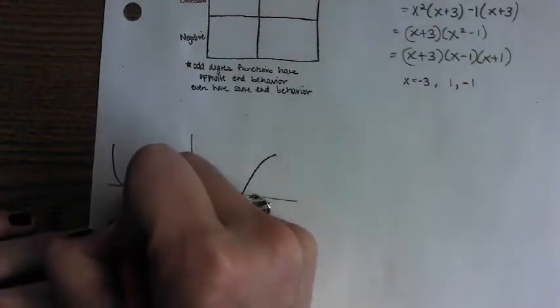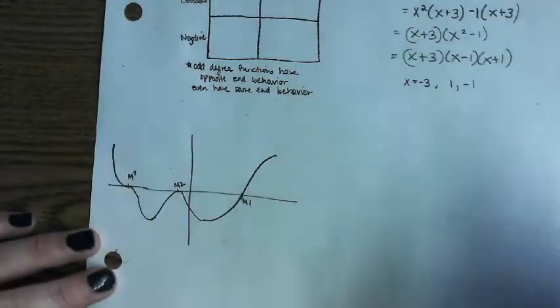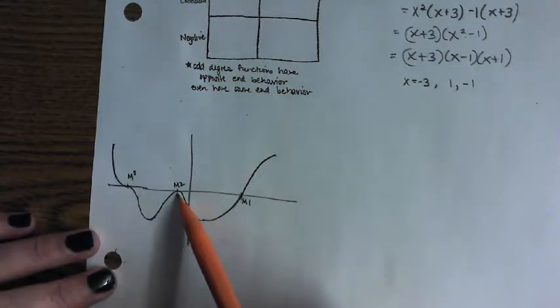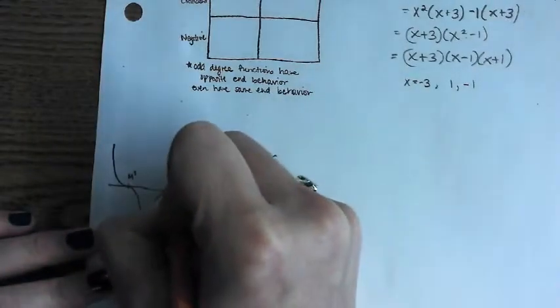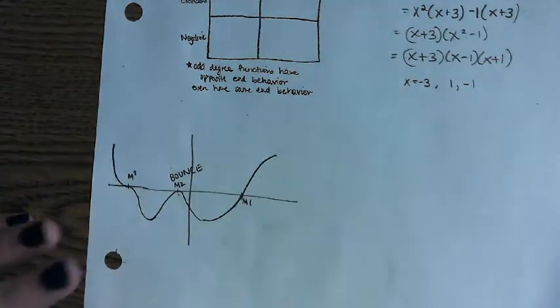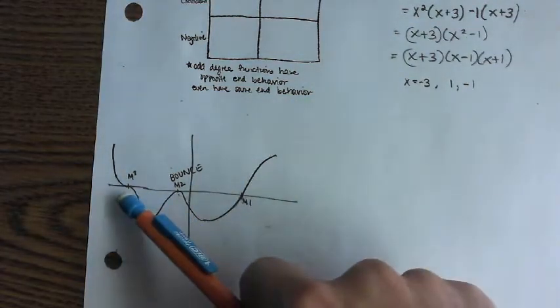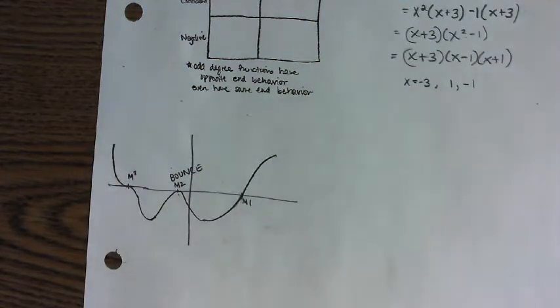So, loosely speaking, this one just goes straight through. Loosely speaking, this is a bounce. That's not a math vocab word. That's just a very elementary word to help us trigger that. And this one, what would you call that? You can call it whatever you want because you're the ones that have to remember it.